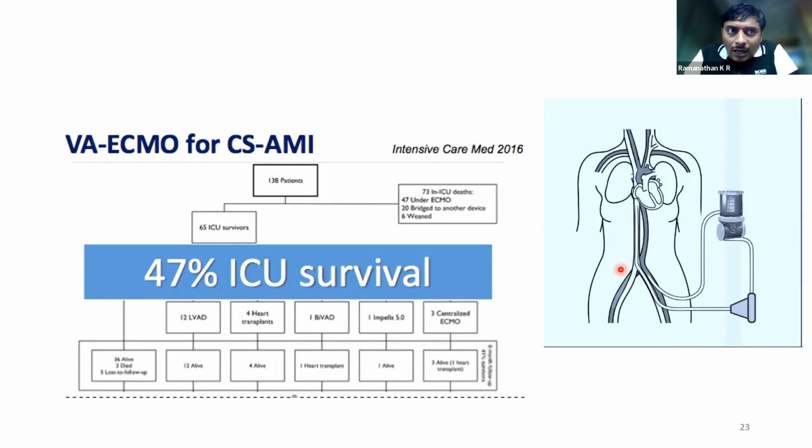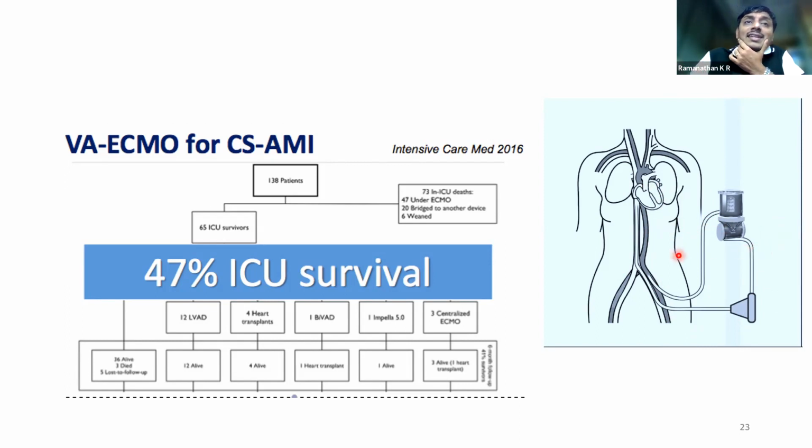So subsequent studies that have been published of late talk about the importance of LV unloading in such settings, whereby you unload the LV with other devices while you use VA ECMO for peripheral tissue perfusion.